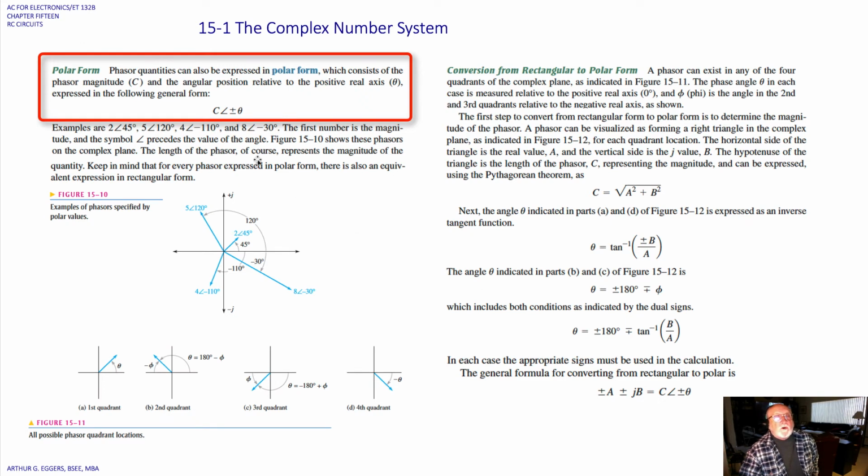In polar form, we look at it a little differently. Phasor quantities expressed in polar form consist of the phasor magnitude, in this case C, which becomes the hypotenuse of a right triangle, and the angular position relative to the positive real axis, in this case the angle theta. Expressed in general terms, we have C at an angle plus or minus theta.